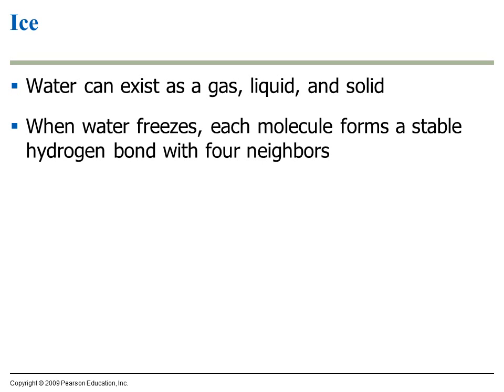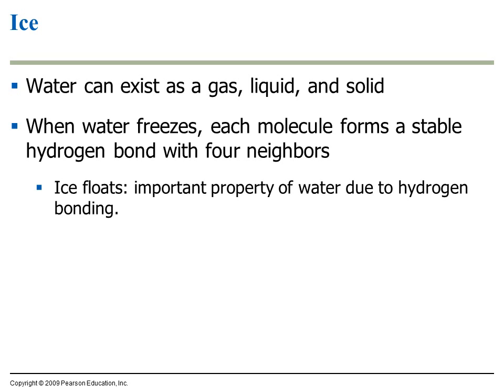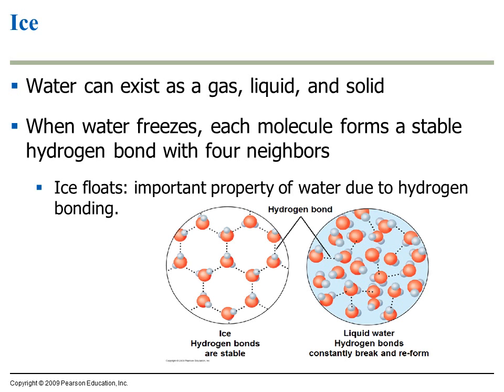And when they form, it actually forms this structure that is less dense than liquid water, meaning it floats on top. So ice floats, which is an important property of water due to this hydrogen bonding. You can see the difference in ice, the stable structure that's less dense, compared to liquid water in the image on the right. So that is important to life.